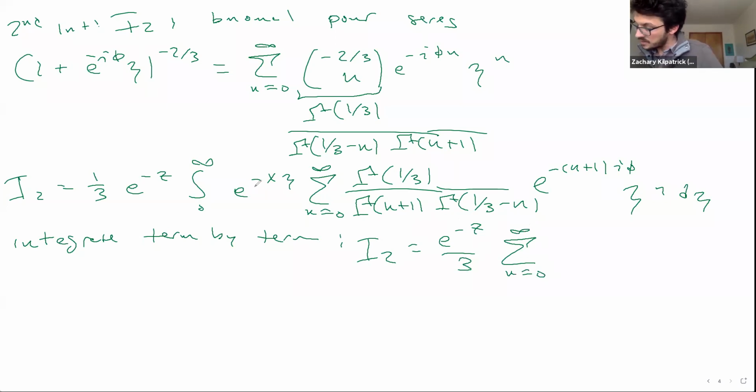So you see you have these exponentials times these monomial powers. So that's going to generate factorials, which will cancel this out.